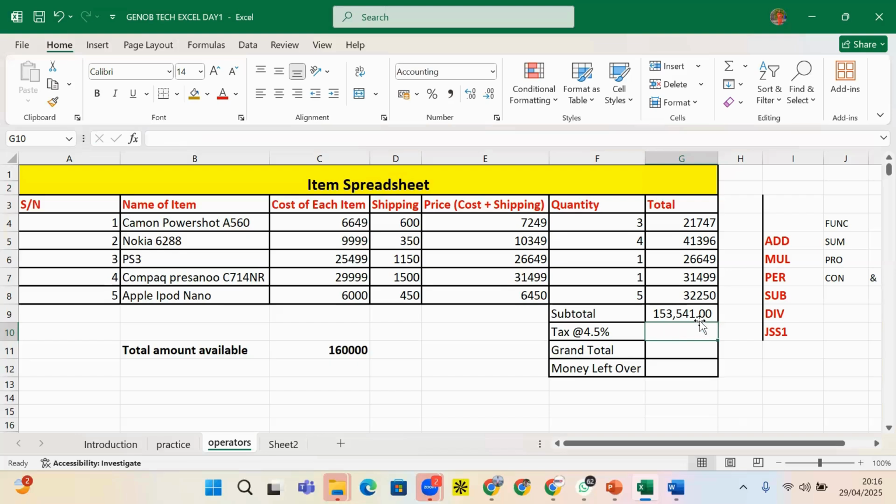So we'll say equal to this particular money multiplied by 4.5%. It will give us 6,909.35 naira, isn't it? Do you understand at this point?